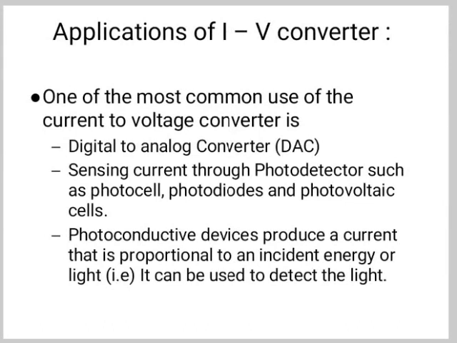The input to output relationship of the op-amp transimpedance amplifier is Vout is minus Iin into Rf. The negative sign indicates that if the current is flowing into the circuit, then the voltage across the feedback will have the opposite polarity.